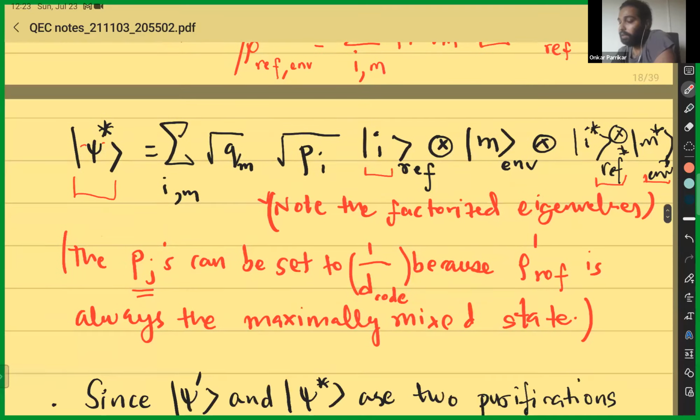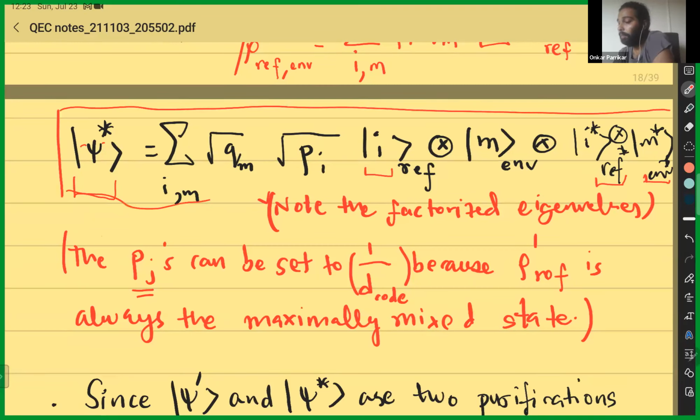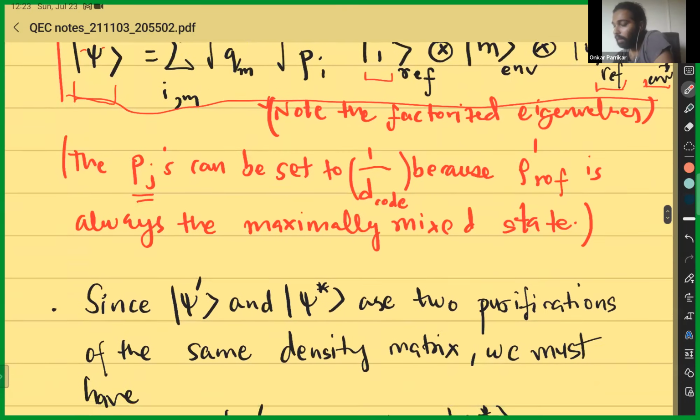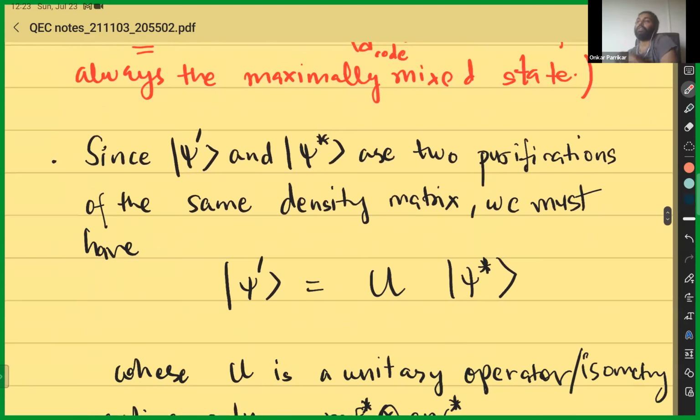This is a particular purification, sometimes called the canonical purification of the original density matrix rho prime on reference and environment. But now note that the reference environment density matrix came from tracing out the physical Hilbert space in the original state psi prime.